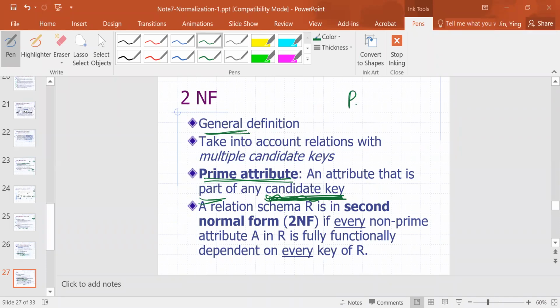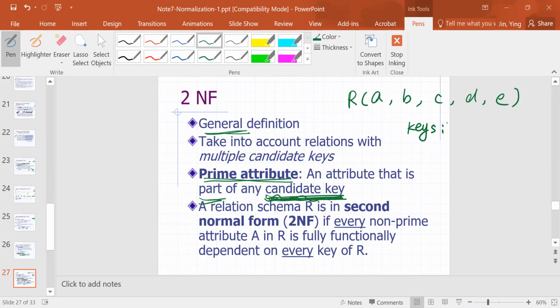Let me give you a relation R with the following attributes. And I can give you the keys. In class 134, when we check normal forms and when we need the keys, I'm going to give them to you, so that's something given in the question.